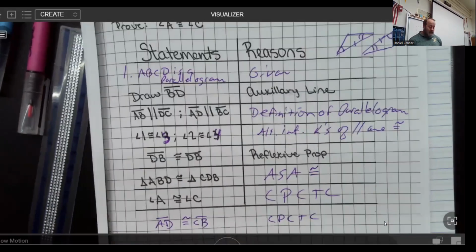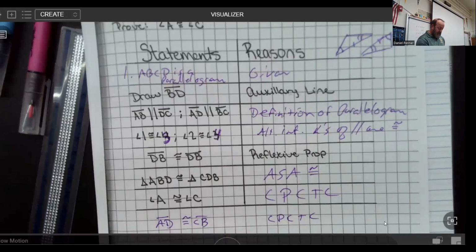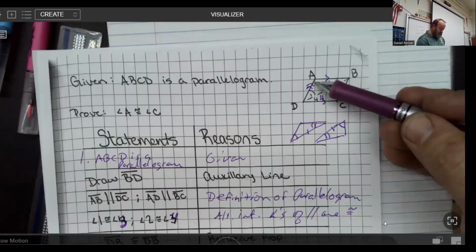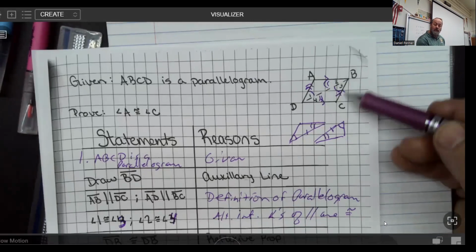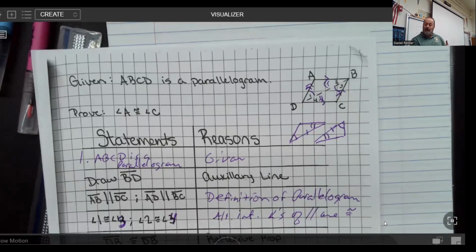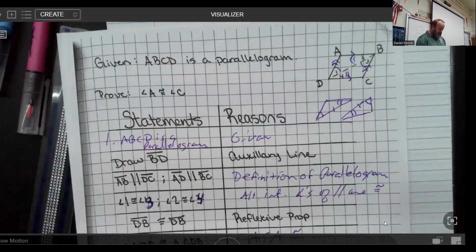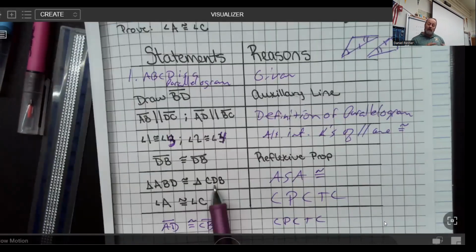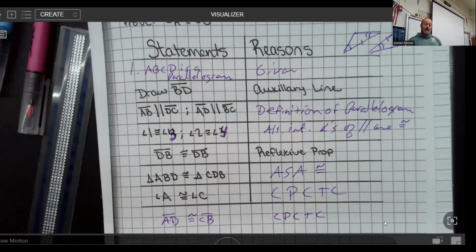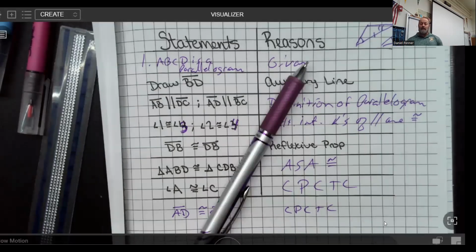I feel like we might as well take advantage of that. But if you look, AD is the side that's across from BC in the original one. So again, those opposite sides are congruent. But we could also say that AB is going to be congruent to CD. So all of these pieces and parts are going to be congruent because as soon as you draw in that diagonal, it forces two triangles to be congruent.